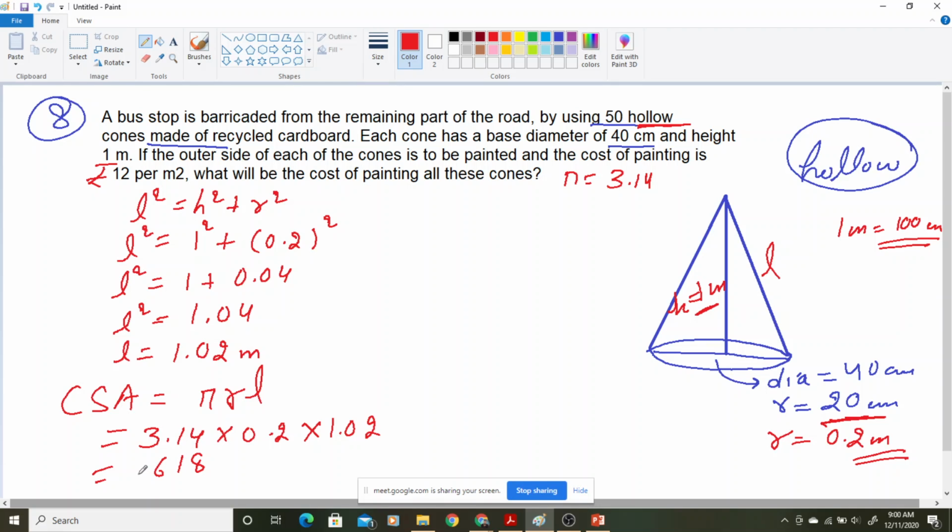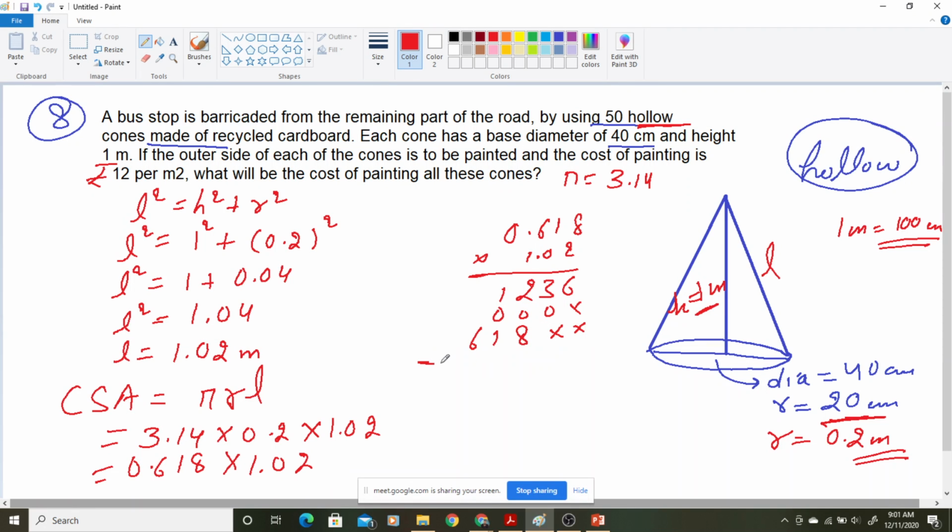When you multiply 3.14 with 0.2, you will get 0.628. Multiply it with 1.02 also. 1.02 multiply: 2 8s are 16, 3 2s are 6, 12, then 0 0 0, then 1 8 1 6.